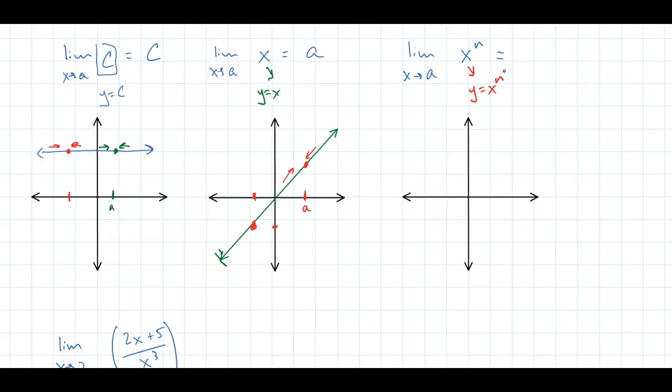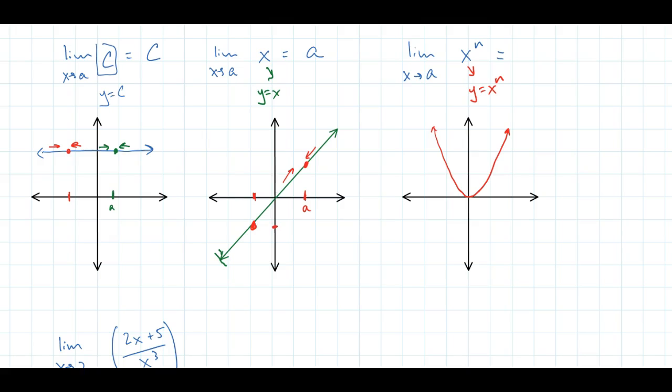Now, if n is a positive integer, we know that that's going to be some kind of parabola, could be a cubic, could be a quartic, could be a quintic. We know there's going to be no skips, no jumps, no asymptotes. There's nothing crazy going on in that graph.